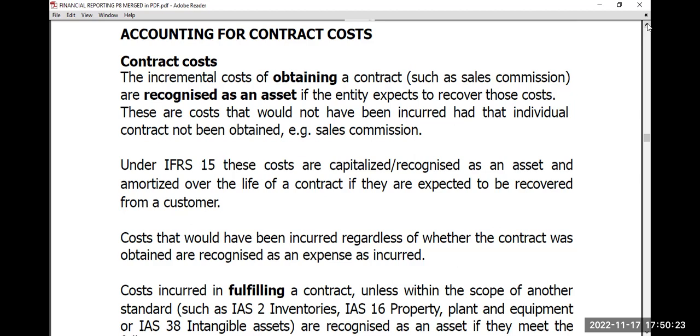If maybe you have staff, you are paying them commission or salary, whether they have made a sale or not. Even if they don't sell, you will actually pay them. So those are supposed to be expensed because they are normal costs incurred in the business operation.